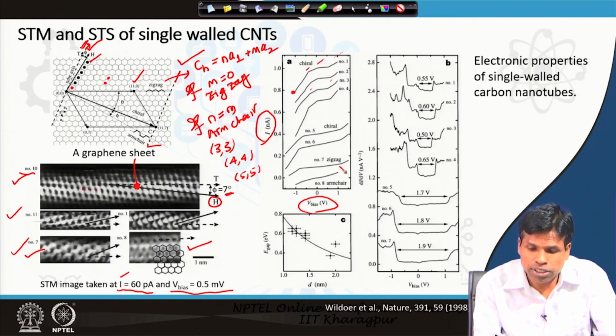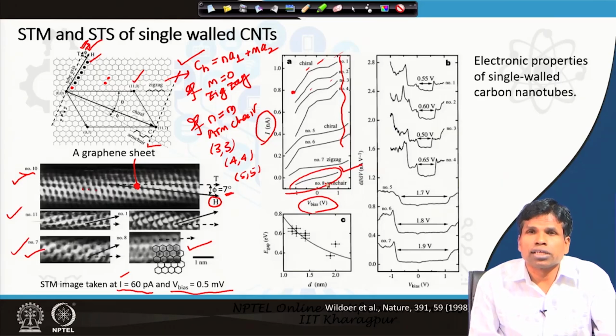On the other hand, the armchair shows ohmic behavior, the IV characteristic going in a linear fashion, unlike the other tubes which show a non-linear IV curve. And this indicates that this particular armchair number 8 is metallic in nature.